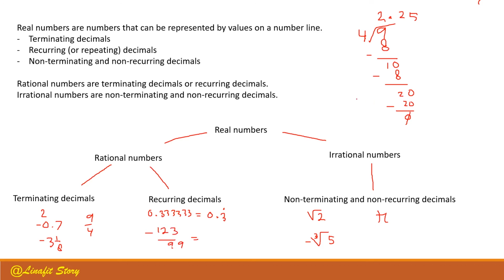Let's check, for example, 123 divided by 99. The answer is negative 1.242424 and so on.